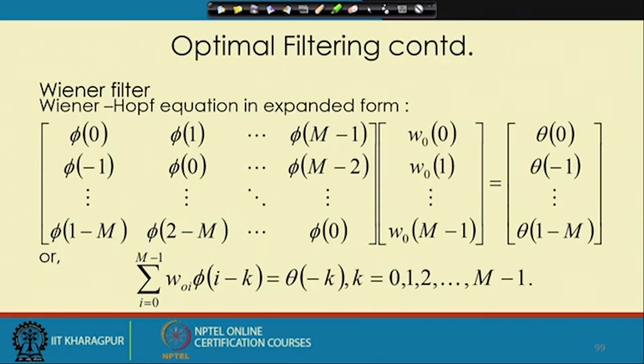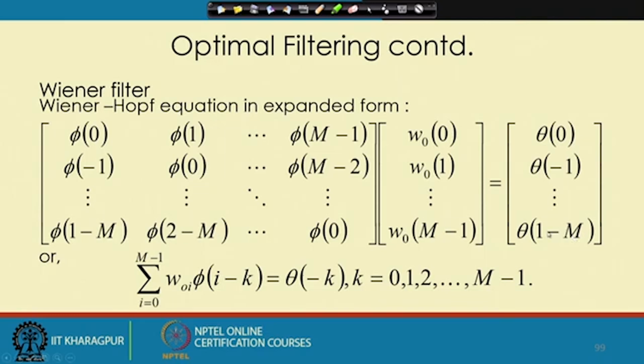One of the most popular ways is in terms of matrix and vectors, where we have the autocorrelation matrix multiplied by the tap weights, and on the right hand side we get the cross correlation vector.